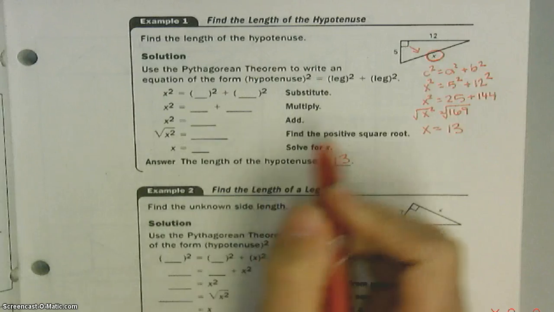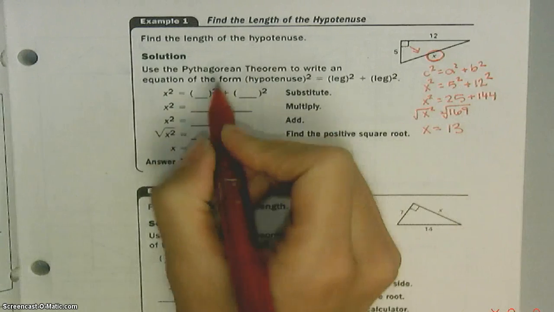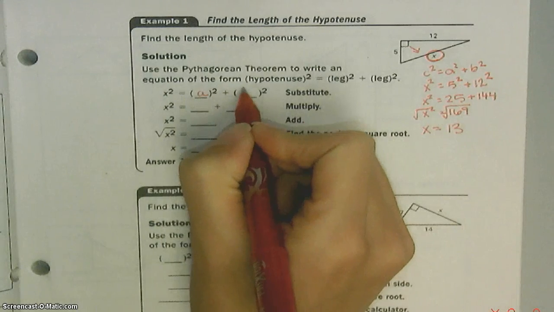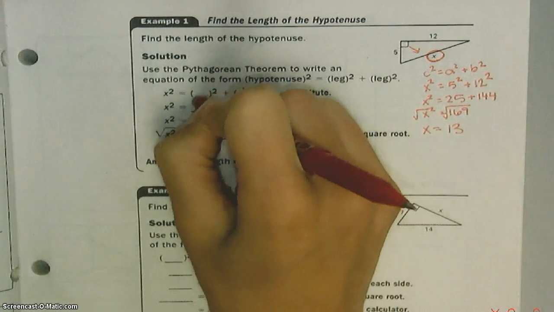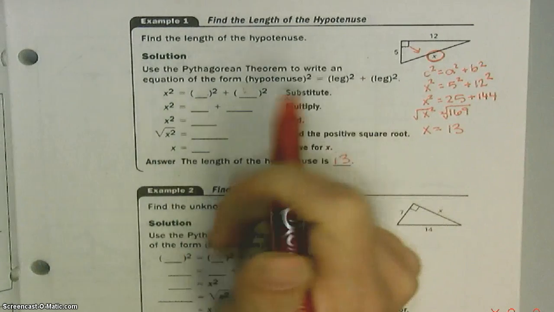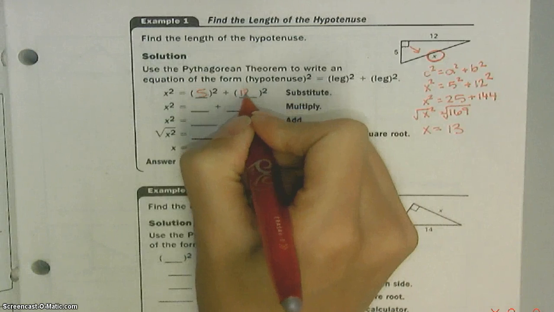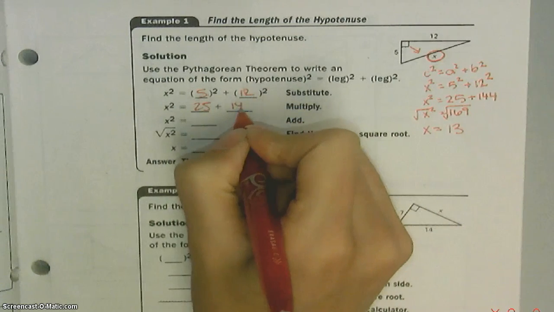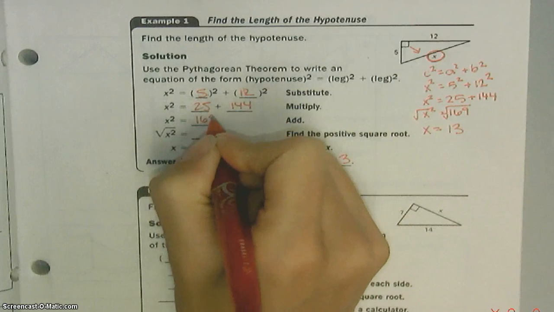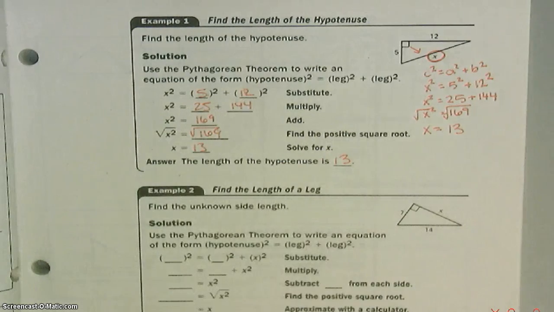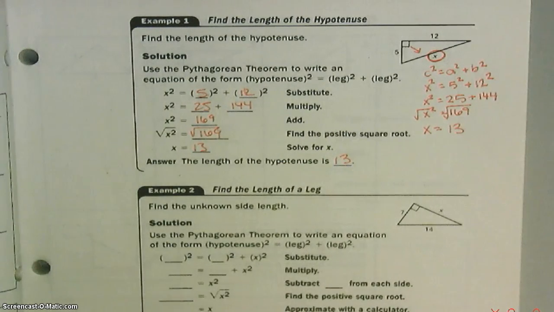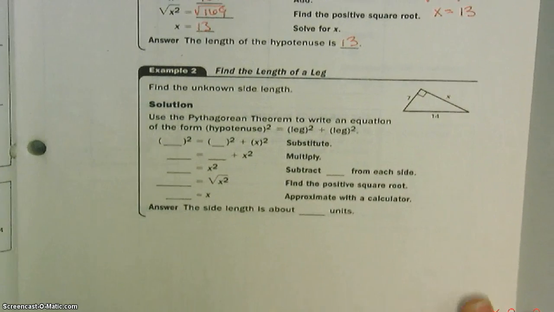I wanted to show you over here first, but we can substitute in the real numbers now. So this was 5, 12, 25, 144, 169, 13. Exactly what we just did over there. Okay, let's look at this one.